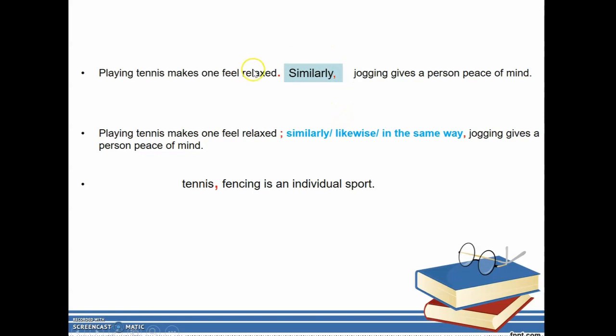So we need to put a pattern to connect these two parallel ideas, such as similarly, likewise, and in the same way. So please pay attention to the punctuation. You have a full stop after the first sentence, and you put a comma after these linkers, let's say.